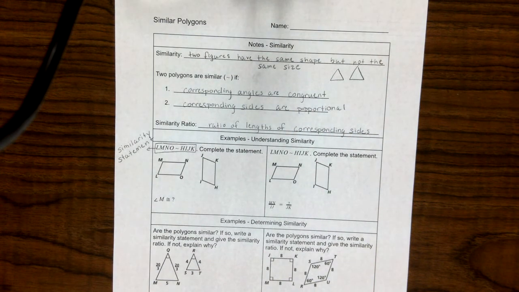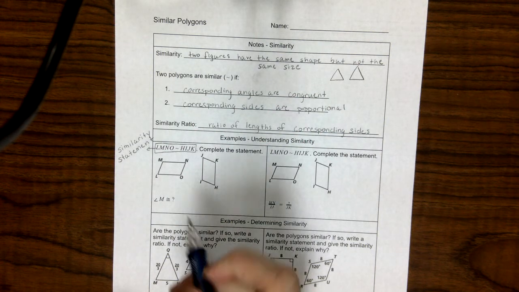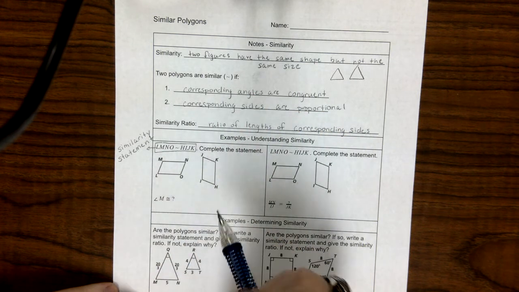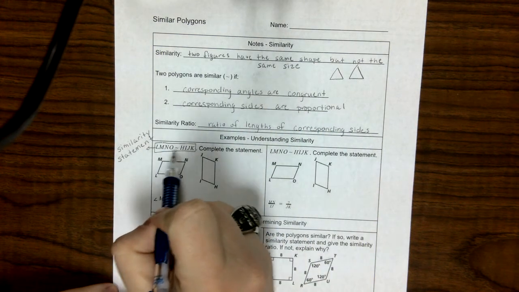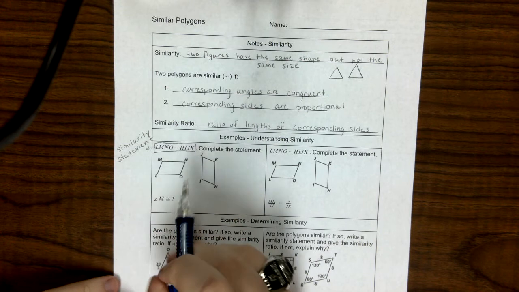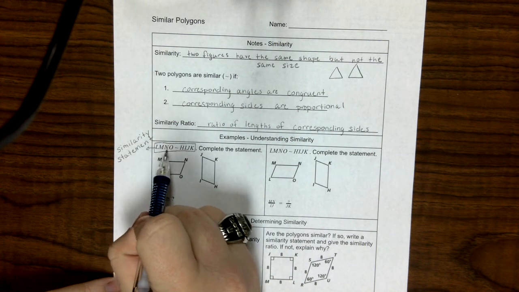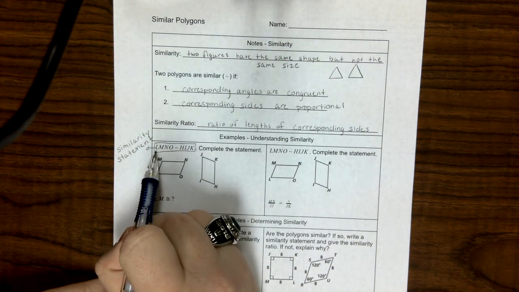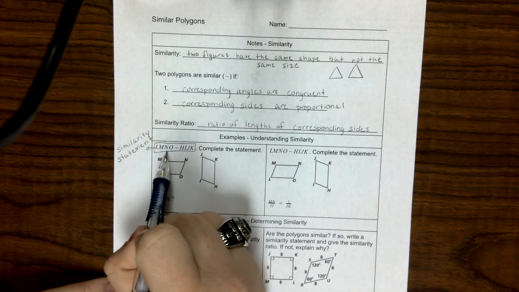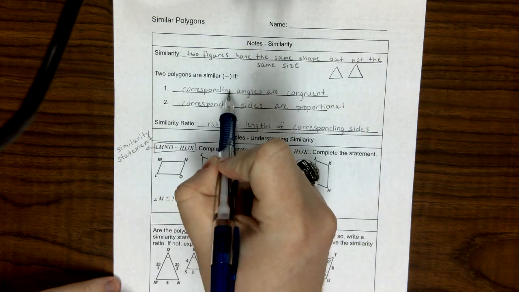Okay, just like when you talked about congruent triangles, we had congruence statements. Now we have similarity statements. So what I've done is, well, first let's examine this similarity statement. So in this, notice that the order is important. Okay, so I'm telling you they're similar, so these two things apply.